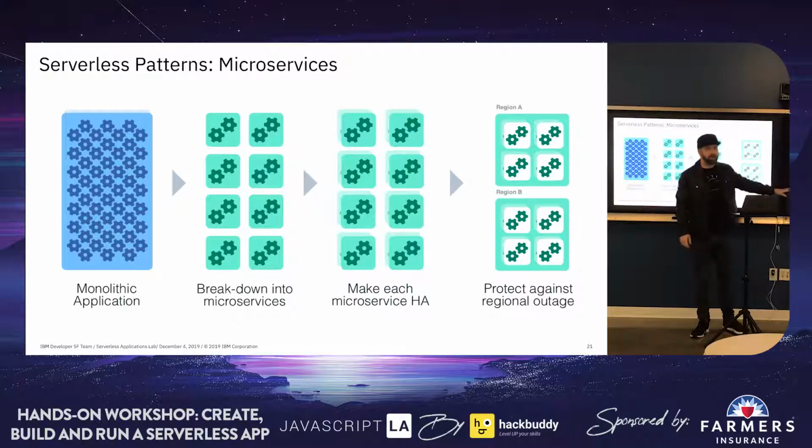I'm not knocking monolithic applications because they're still really important, and there's no particular reason to say every application has to be a microservice application now, because there are lots of benefits to keeping all the code in one monolithic application. In a lot of use cases, you're going to see monolithic applications continue. So it's not a best practice for everything. It's a pattern that works well with serverless.